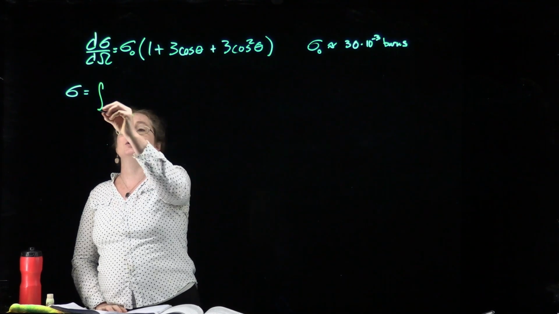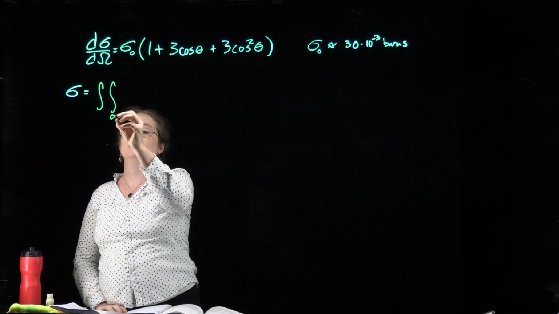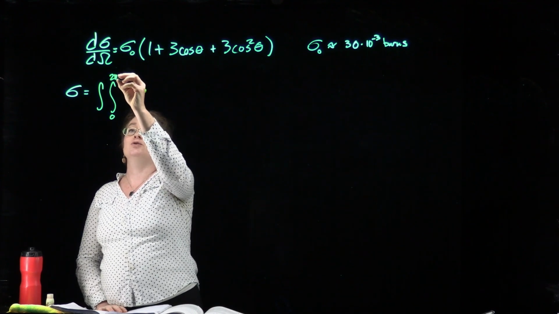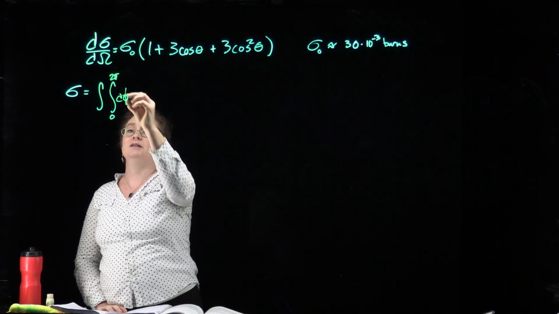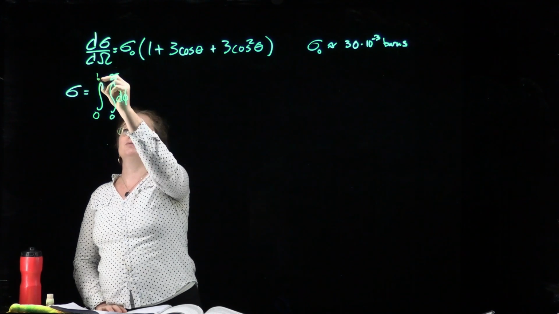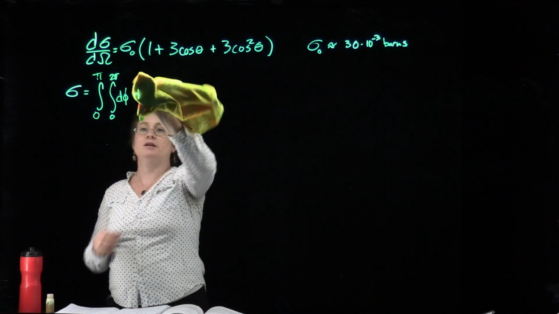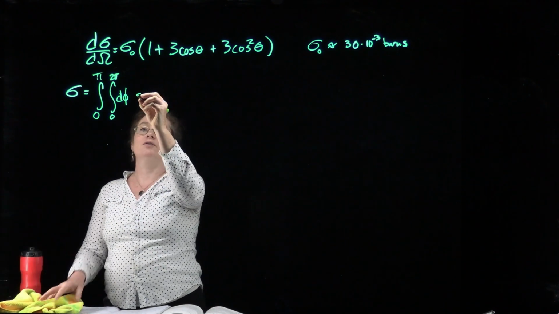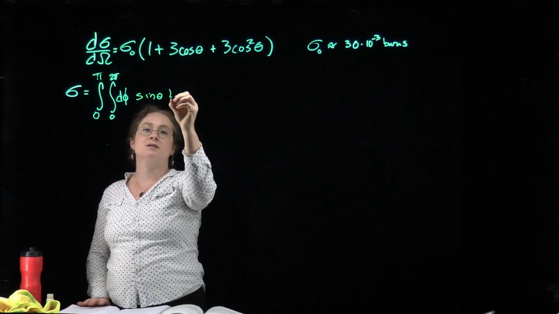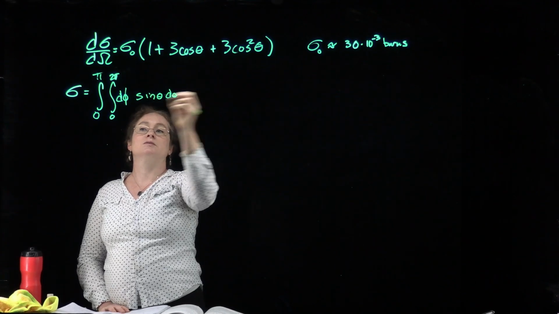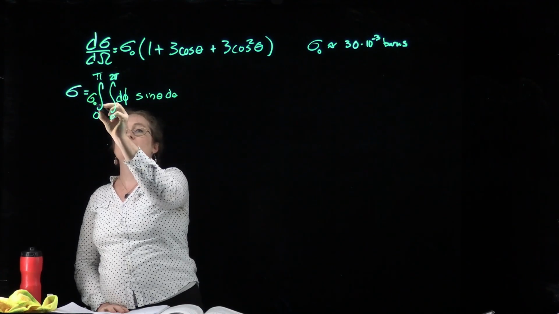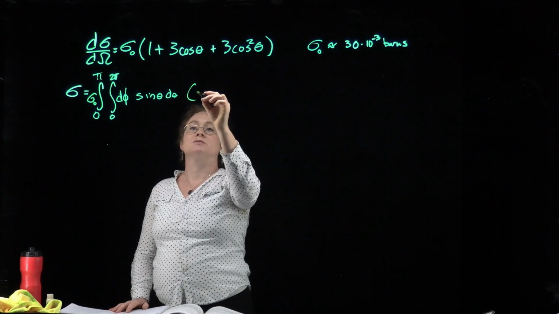So to calculate the total cross-section, we are going to integrate from 0 to 2 pi with respect to d phi, and from 0 to pi with respect to theta, but then here we have to have our full solid angle segment. I'm going to put the sigma naught out in front.